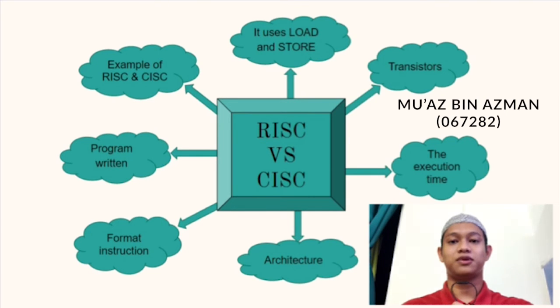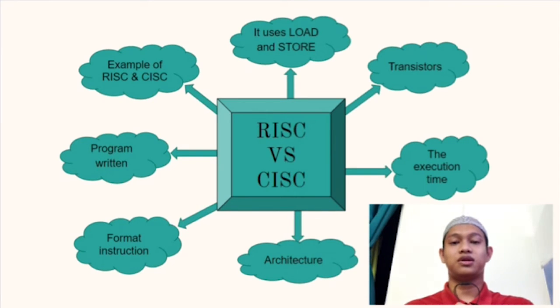I'm from SMSKPP. Next, RISC uses load and store as independent instructions in register to register program instructions. And for CISC, it uses load and store instructions in the memory to memory instructions of a program.